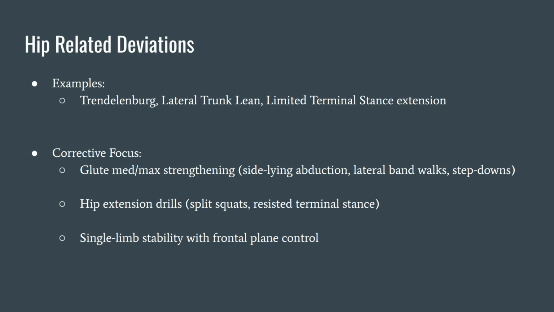Hip extension drills, such as split squats or resisted terminal stance. And then single limb stability with frontal plane control, starting off on even surfaces and then progressing to uneven surfaces. These must progress into gait tasks.